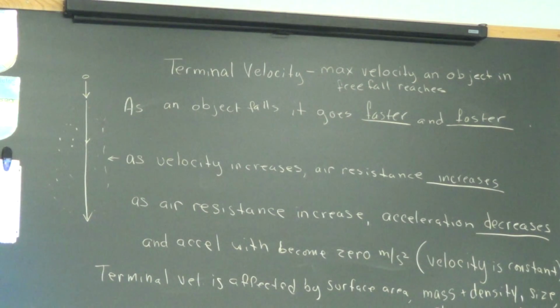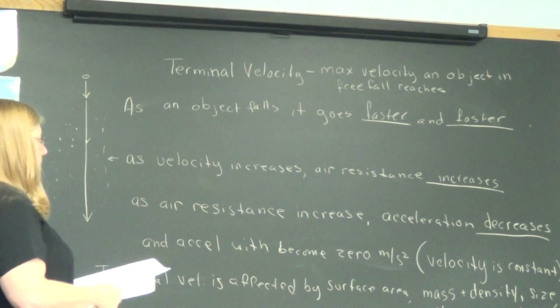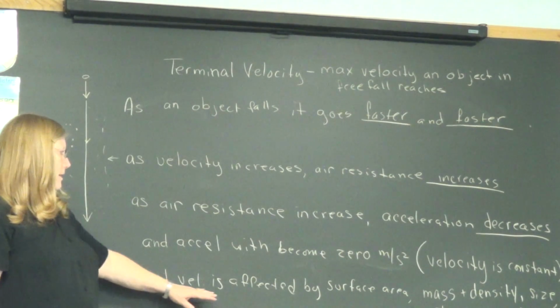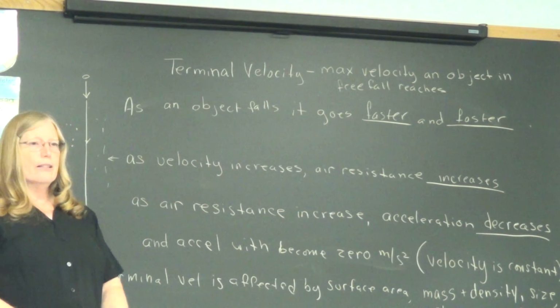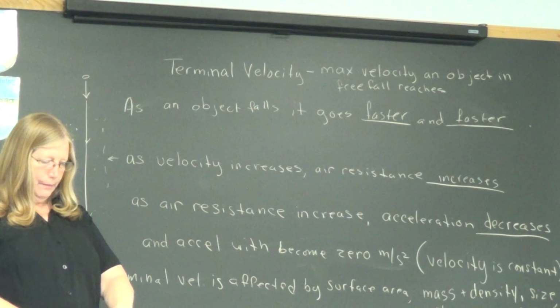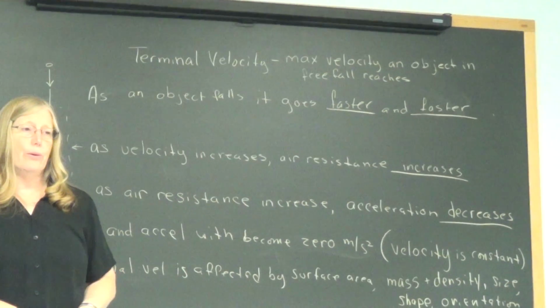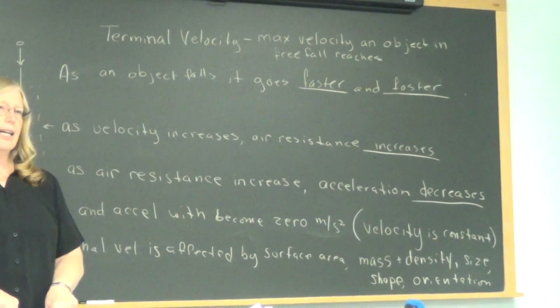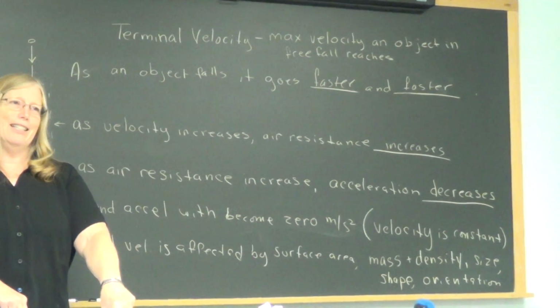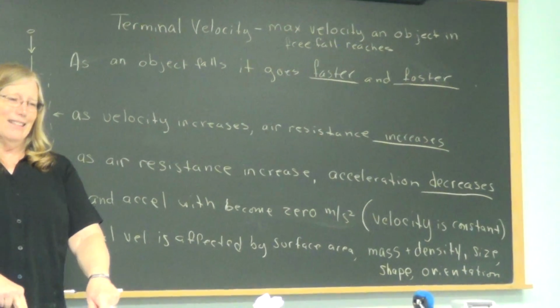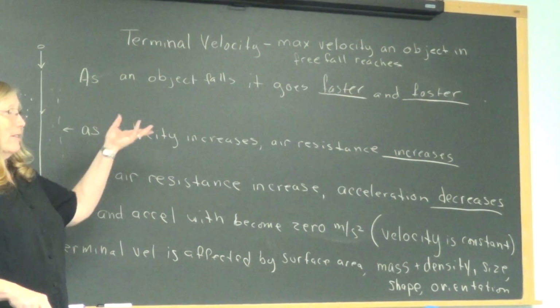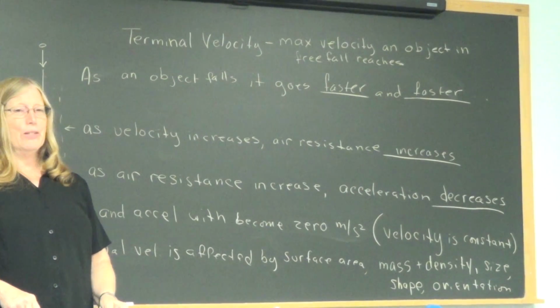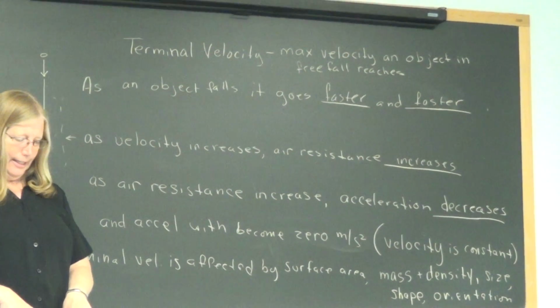Some of those ideas overlap, so they're not real precise, but they all point to things that affect terminal velocity. So each object has its own terminal velocity. We cannot calculate the terminal velocity in this class. So we will stick with our 3 equations, but I want you to be aware that terminal velocity exists.